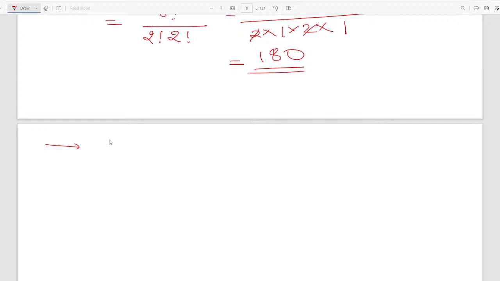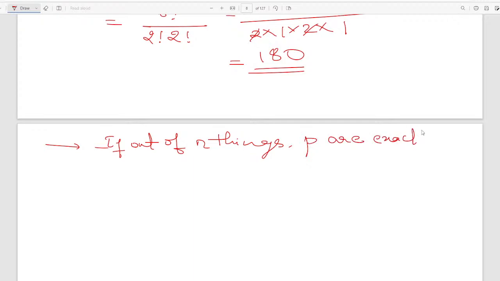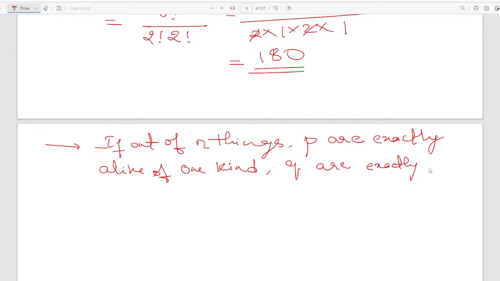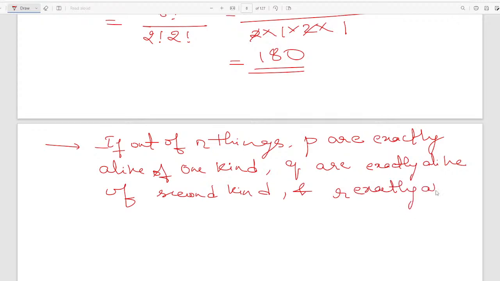For the generalized formula, if out of n things, p are exactly alike, of one kind, q are exactly alike of second kind, and r are exactly alike of third kind, and the rest are different.